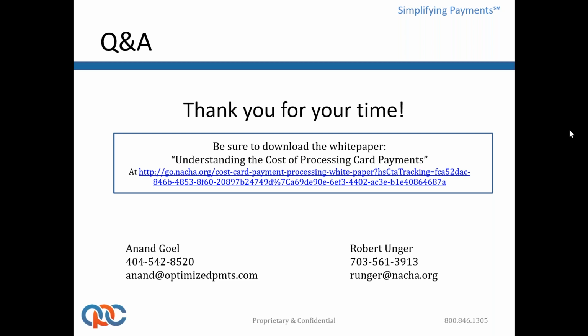Level 3 means you're sending the basic information, plus the level 2 data, which is sales tax and a customer code, along with line item detail, like the individual SKUs that were purchased.